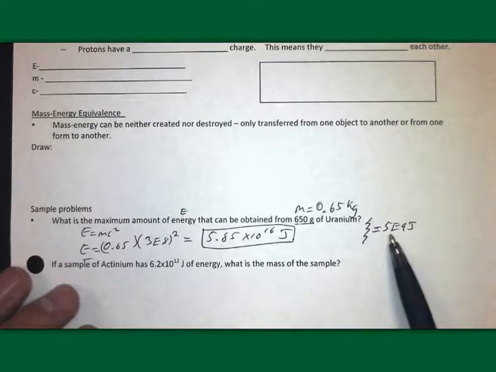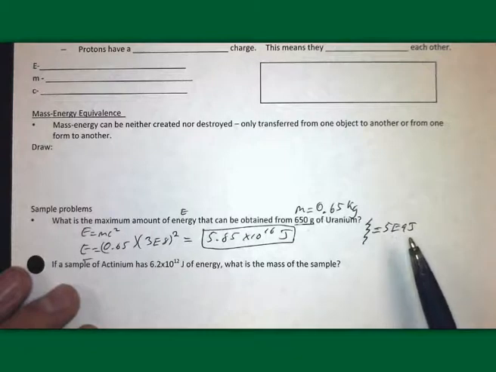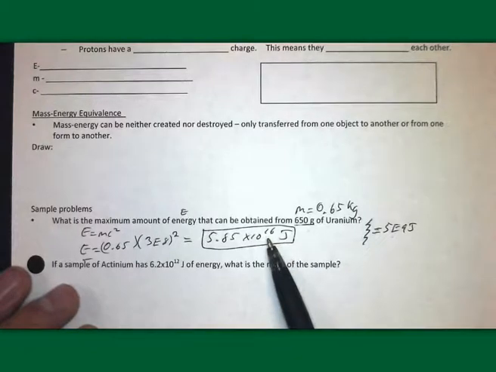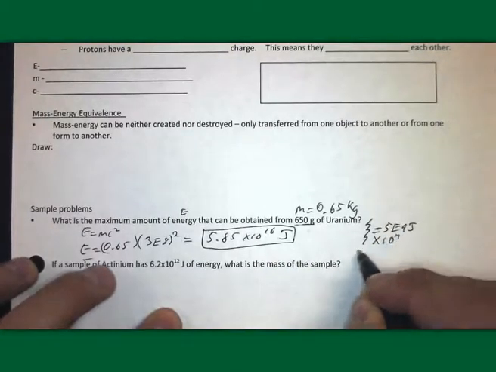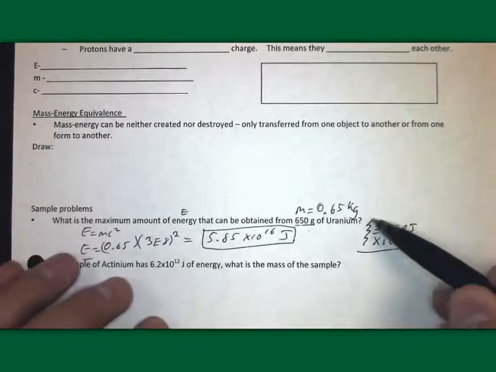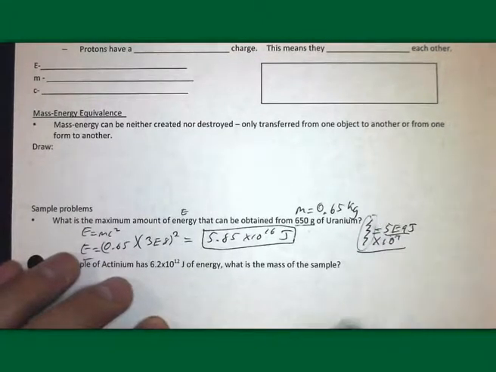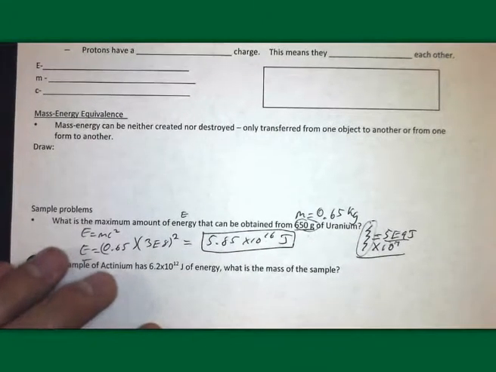If you double 5 times 10 to the 9th, you get 10 times 10 to the 9th. You're still in the 9th power. This is 7 orders of magnitude greater. In other words, it's a lightning bolt times 10 to the 7th power of energy. If we could harness it all, we get a lightning bolt times 10 to the 7th from 650 grams of uranium, about a water bottle's worth, if that.